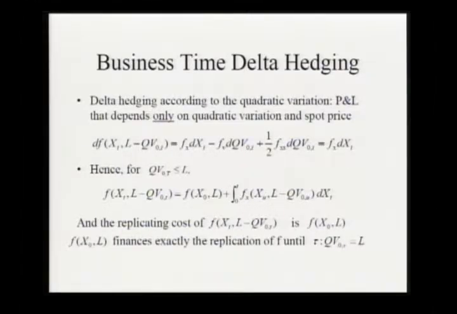And the question is whether you will reach your maturity T. Are you going to run out of gas before or not? Here it tells you that you managed to replicate your option until you ran out of gas, so when the realized variance here reaches the initial variance budget that you had here.